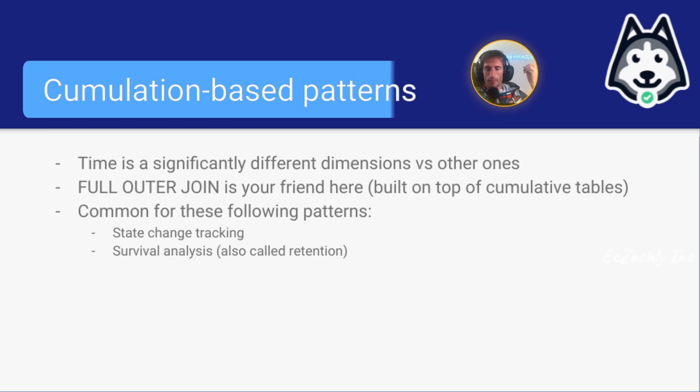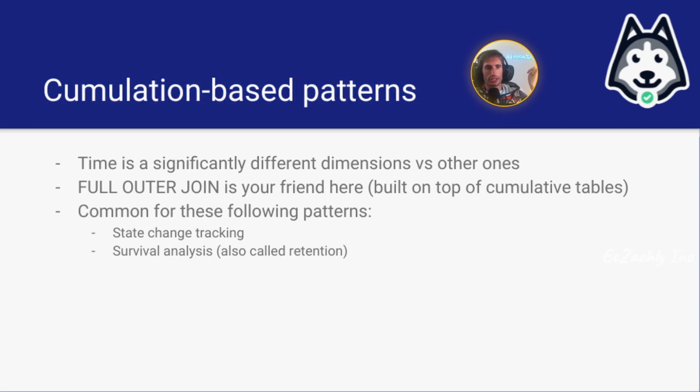Okay, so for accumulation-based patterns, one of the big things that is different about them versus aggregation-based patterns is that they care a lot about the relationship between today and yesterday, and the shift of state between today and yesterday. And so those things can make a big difference, where it's like, are you active today versus yesterday or not?